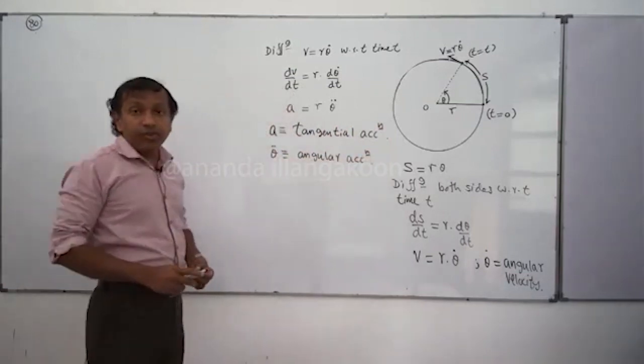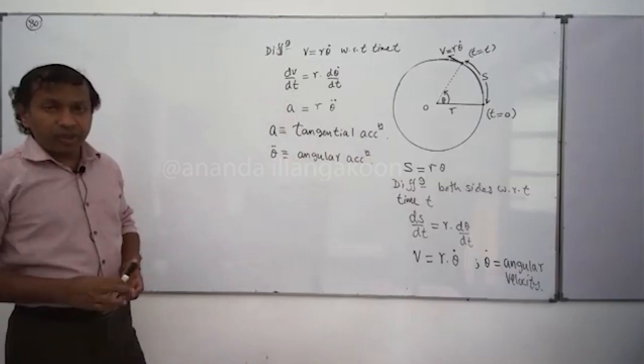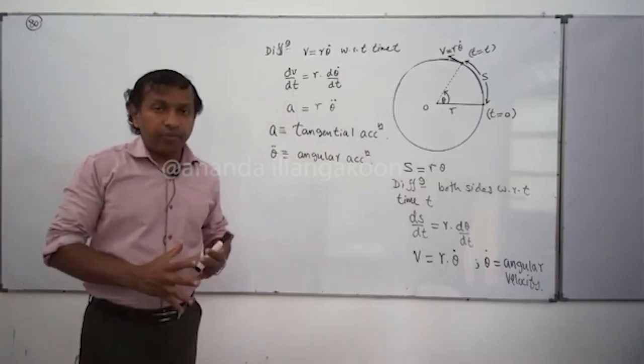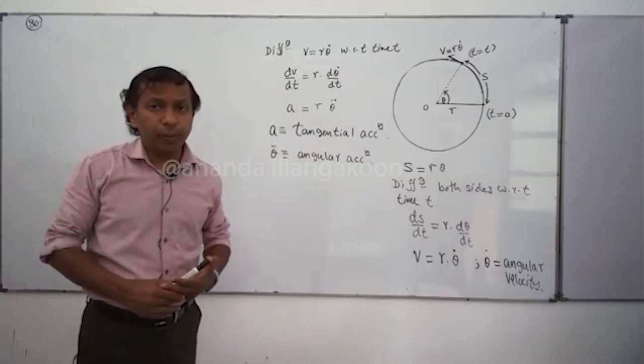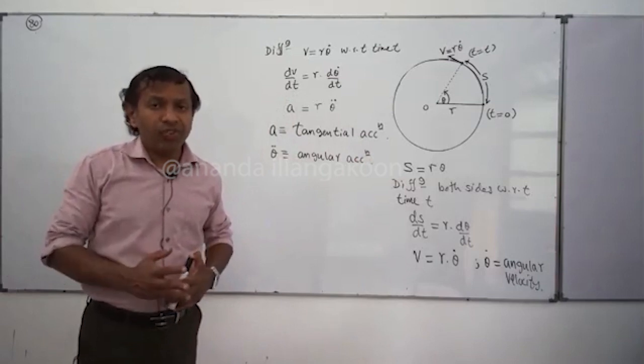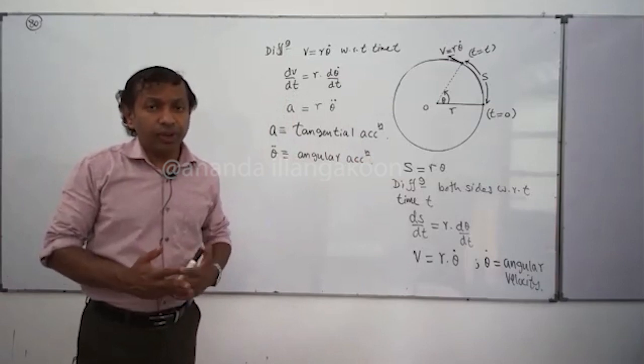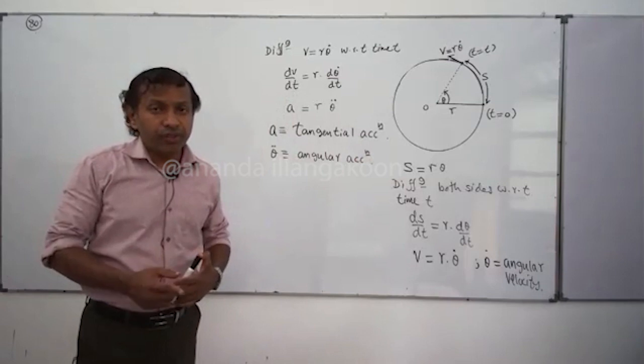So hereinafter, if we are given that the particle has turned through an angle theta during a time interval t, then its angular velocity we mark as theta dot, and angular acceleration we mark as theta double dot. If the angular velocity is theta dot, then the tangential velocity is r theta dot, since v equals r omega.